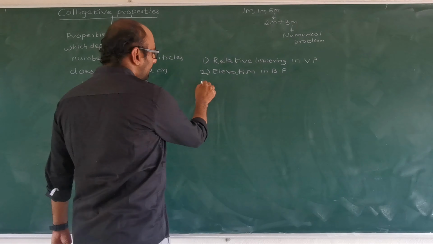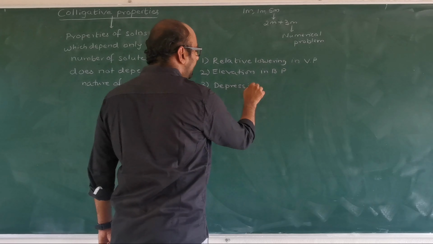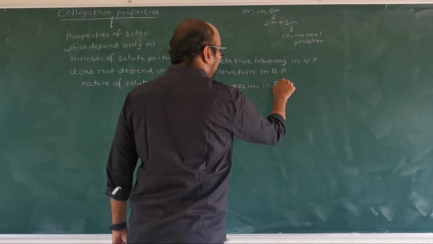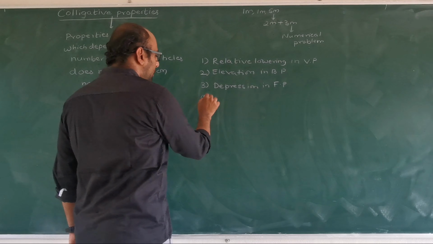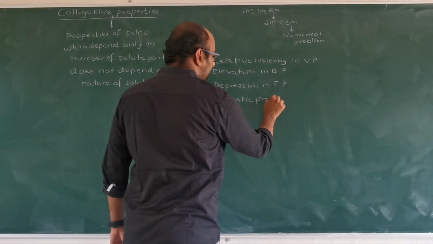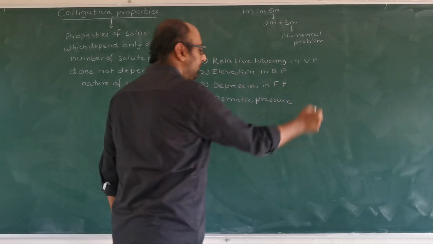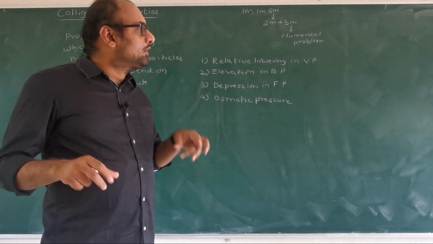The third one, depression or decrease in freezing point or melting point. And the last one, osmotic pressure. So these are the 4 colligative properties you will be studying. This one numerical problem for 3 marks will come out of any one of these colligative properties.